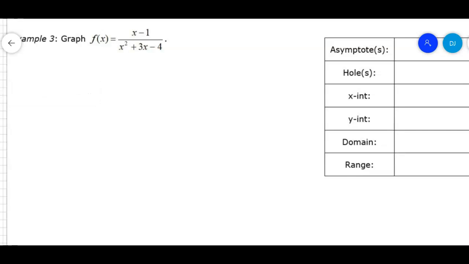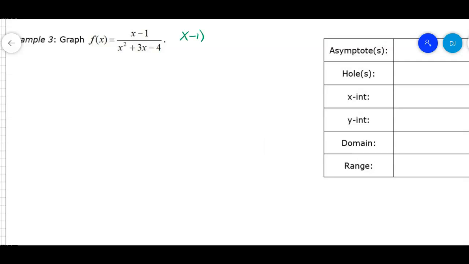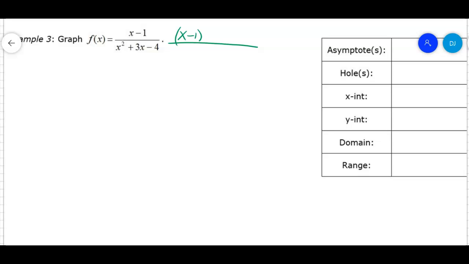I'll start with the factoring portion, and then you can go ahead. Let me just explain it out. So we're going to start off with x minus 1. There's nothing we can simplify there. But we're going to go ahead and factor the denominator, so that's going to end up being the factors of negative 4 that add up to give me positive 3.